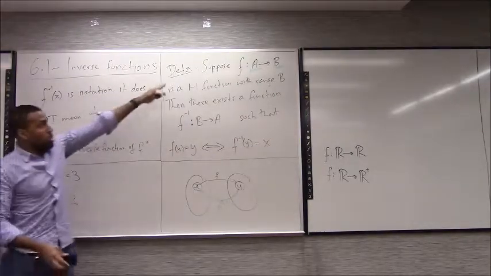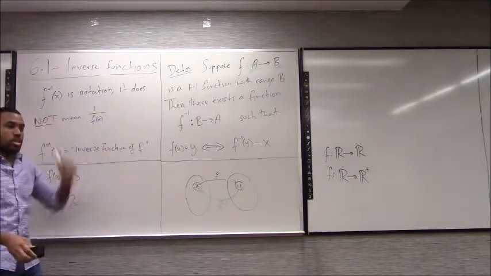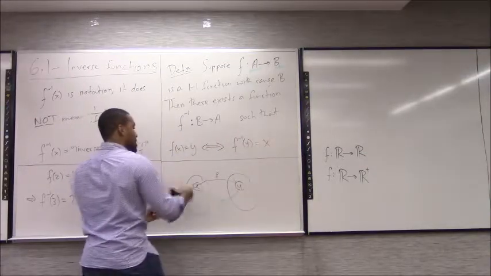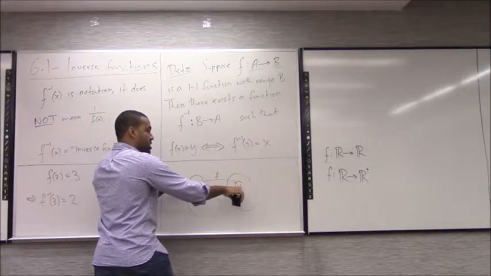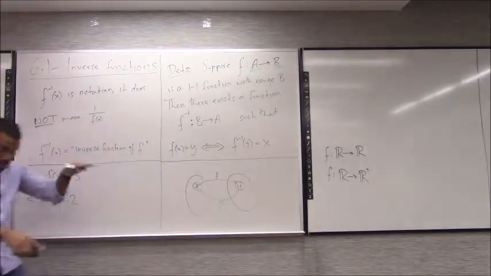So if your function is one-to-one and onto the codomain, there exists a function that essentially does the reverse. It will use this as a domain and connect to that, such that all the guys that were connected in the original function are also connected in the reverse function, in specifically that way.